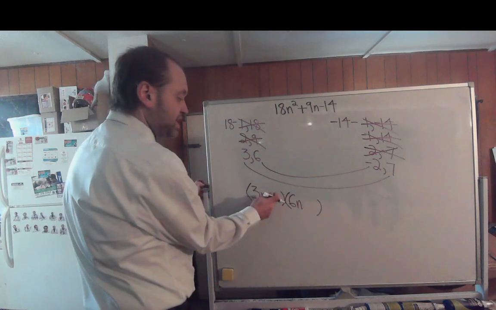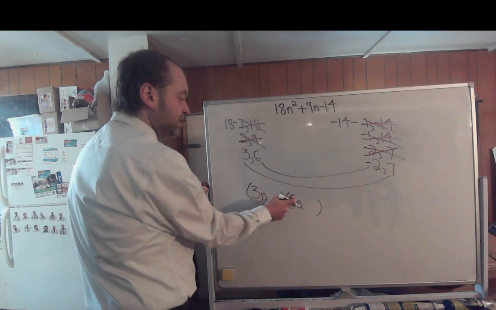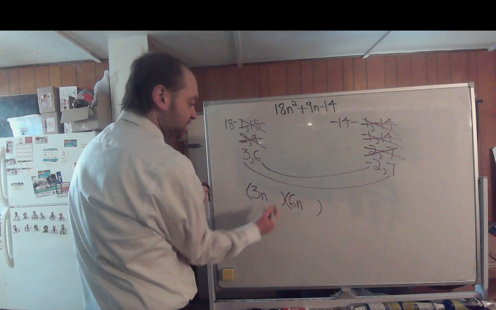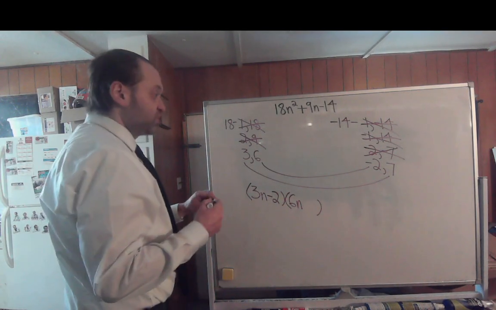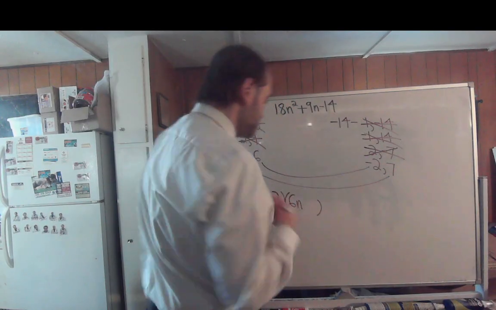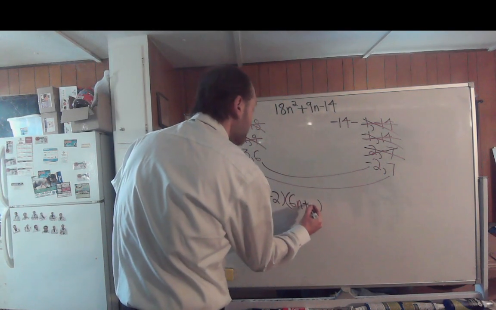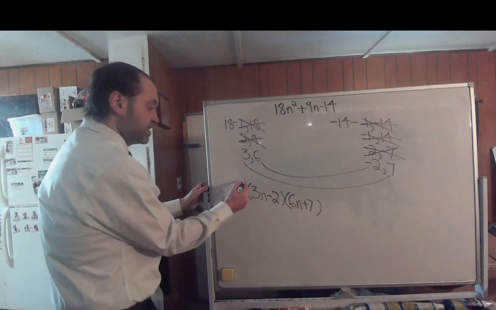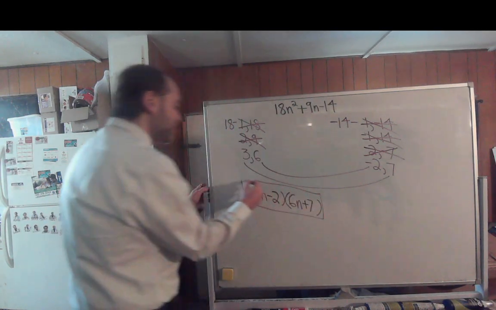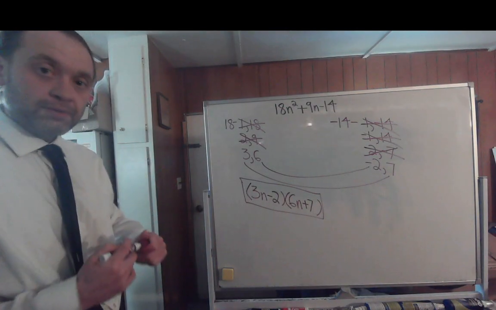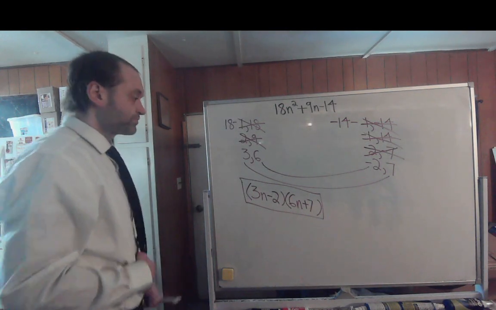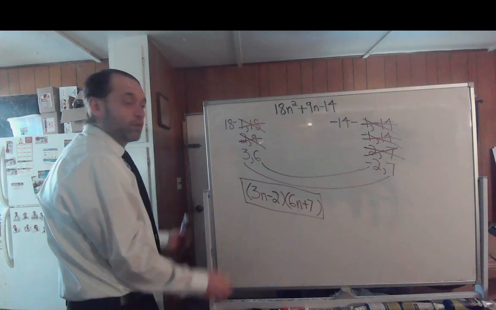So that negative 2 will go immediately to the left of that 6n. So you'll have 3n minus 2, which means your only other factor is plus 7, which would go right here. So this would factor into the quantity 3n minus 2 times 6n plus 7. I should only have 3 more.